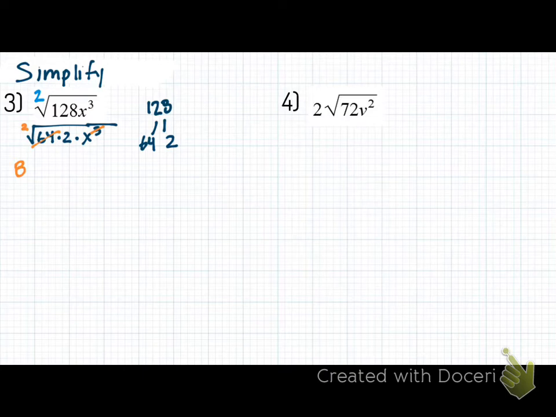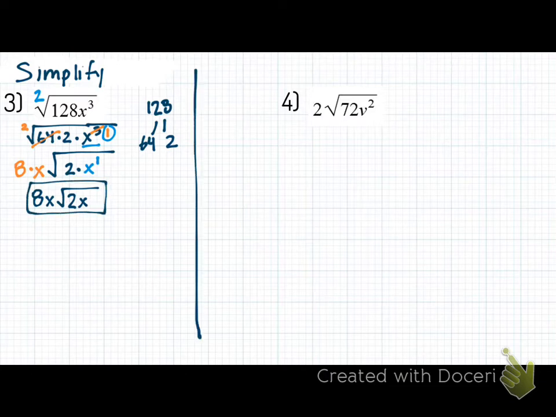We know we could get x squared times x, so I'm left with x to the first. So I'm going to bring down an x on the outside. Square root of 2 times x to the first, which is 2x to the first. And rewrite this problem, so we have 8x times the square root of 2x. Okay, check your work. If you got it wrong, please figure out where you made a mistake on your notes.